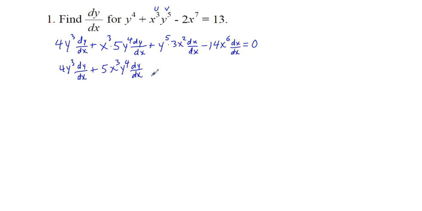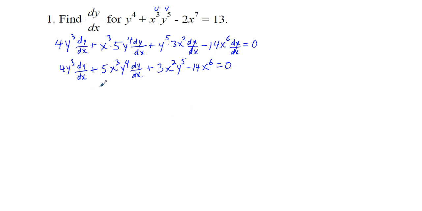And then we have this 3, which we're going to bring out front. I'm going to put the x squared first: 3x squared y to the 5th. And next, this dx over dx will cancel, so I'm not going to put anything else with this term. Then we're going to have minus 14x to the 6th power. And then we have dx over dx, that cancels, and we have 0 on the right side.